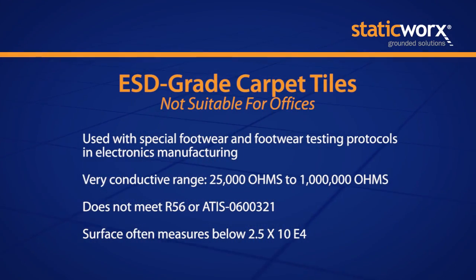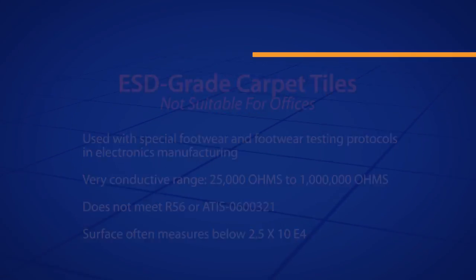And by too conductive, I mean that the ohms rating of the ESD-Grade carpet tile starts out too low. It starts out at 25,000 ohms and goes up to 1,000,000 ohms. What we're looking for is something that starts out at 1,000,000 ohms and goes up to about 100 million ohms.